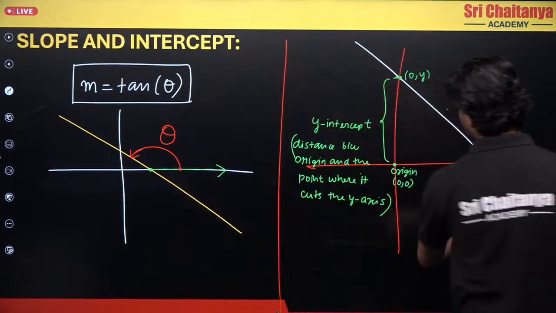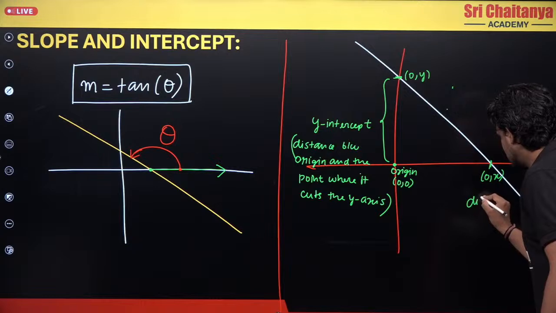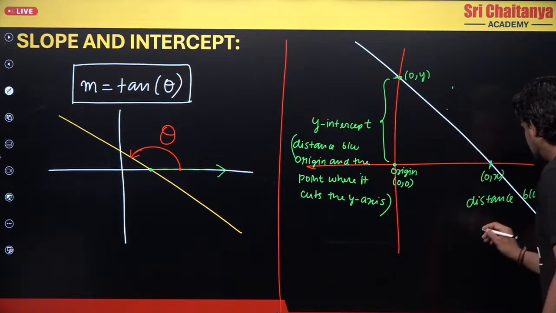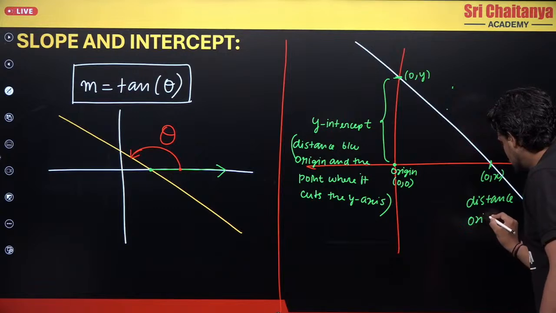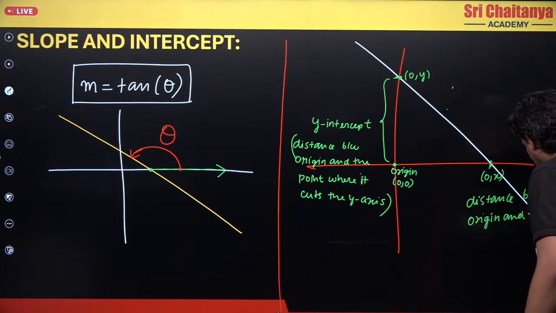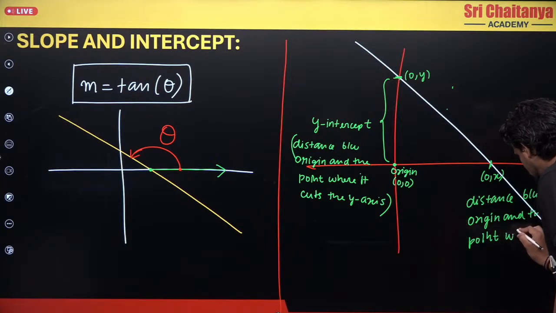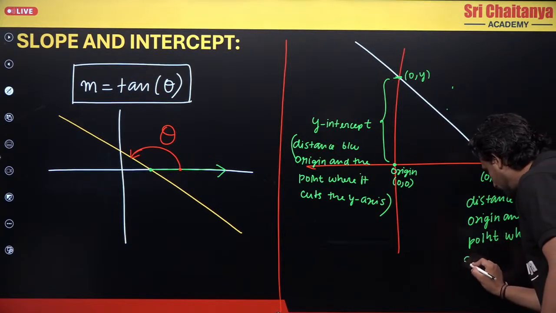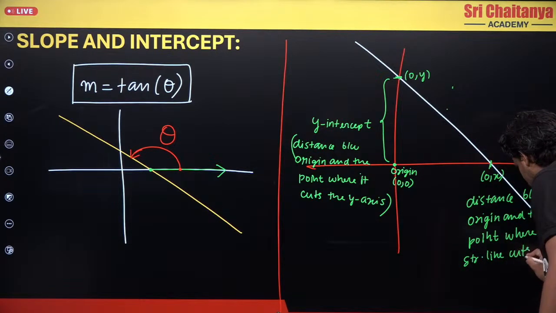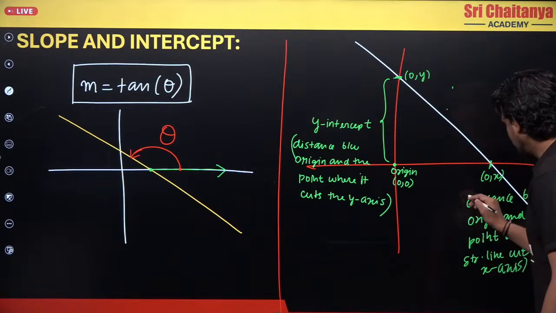Next, what is this? This is the distance between the origin and the point where the straight line cuts the x-axis.